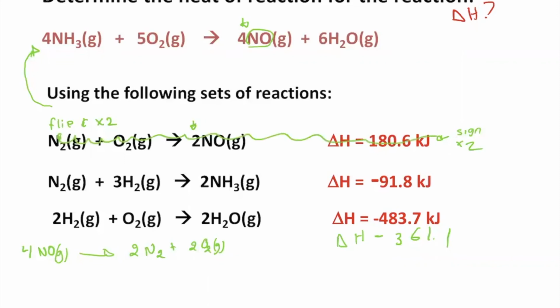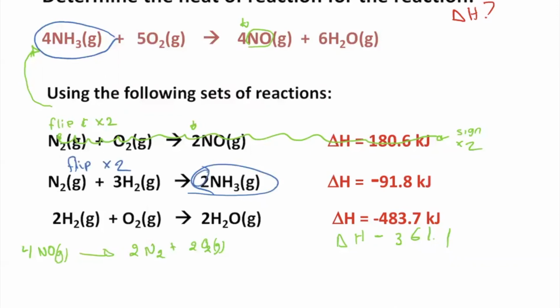Now look at ammonia. Ammonia is on my reactants, and in reaction number 2 it is on my product. So you want to flip it, and you're going to multiply it by 2 because you want 4 and you have 2. So you want to flip and then times 2.